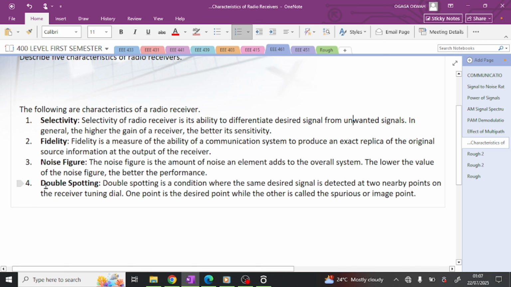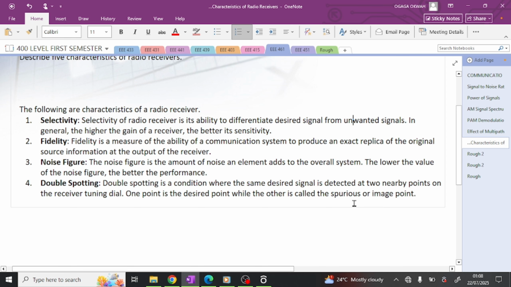is double spotting. It's a condition where the same desired signal is detected at two nearby points on the receiver tuning dial. One point is the desired point, while the other is called the spurious or image point.